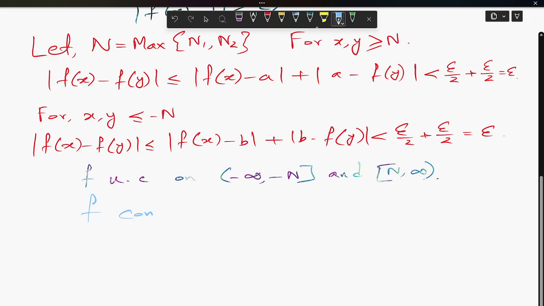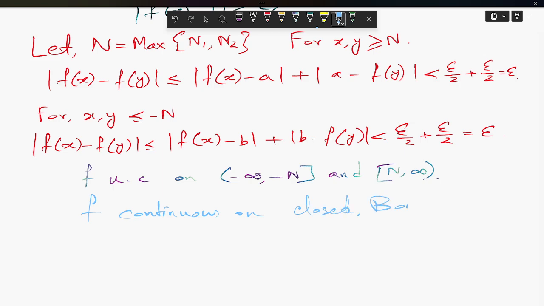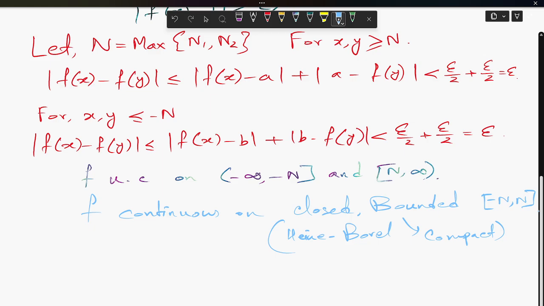Our f is continuous on the closed bounded interval, which is minus n to n. By Heine-Borel, we can say that this is a compact interval also.